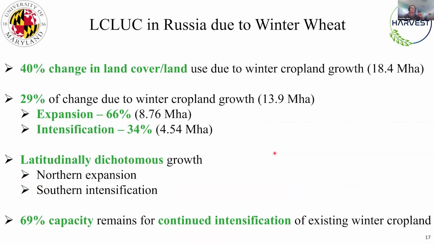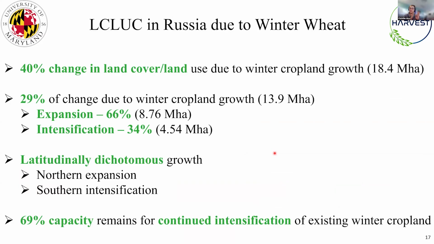So yeah, just real quick, to go over some numbers that we learned from all of this using these maps. We have a 40% change in land cover land use due to winter cropland growth. 40%. That's accounting for all land, including outside of agricultural land, which is huge in a place like Russia. 29% of that change was due to winter cropland growth, i.e., expansion and intensification.